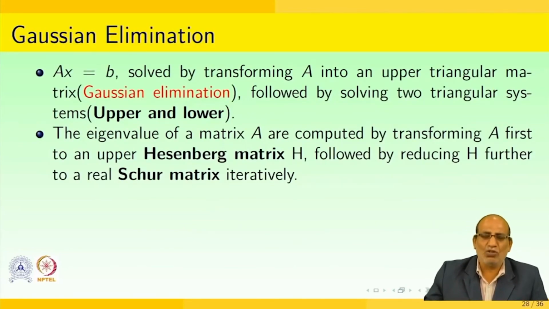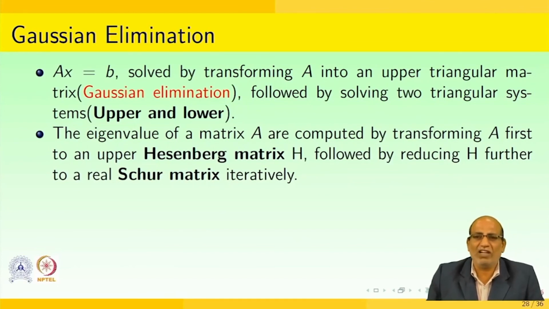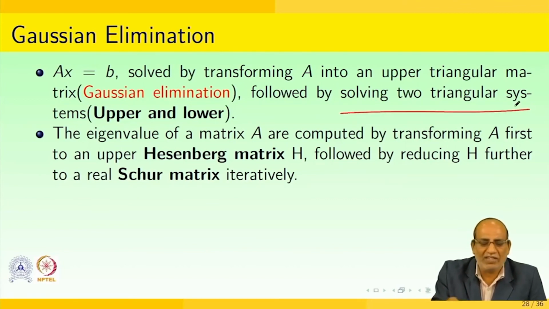Well, let us go to another very important concept which we come across in many engineering applications. As we started with Gaussian elimination, that is Ax is equal to B, solved by transforming the matrix A to an upper triangular matrix by Gaussian elimination, followed by solving two triangular systems, which we call the upper triangular matrix and lower triangular matrix.